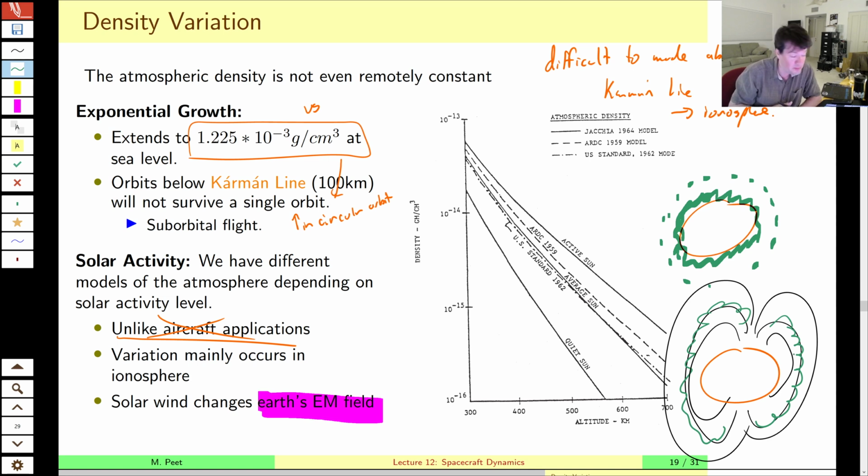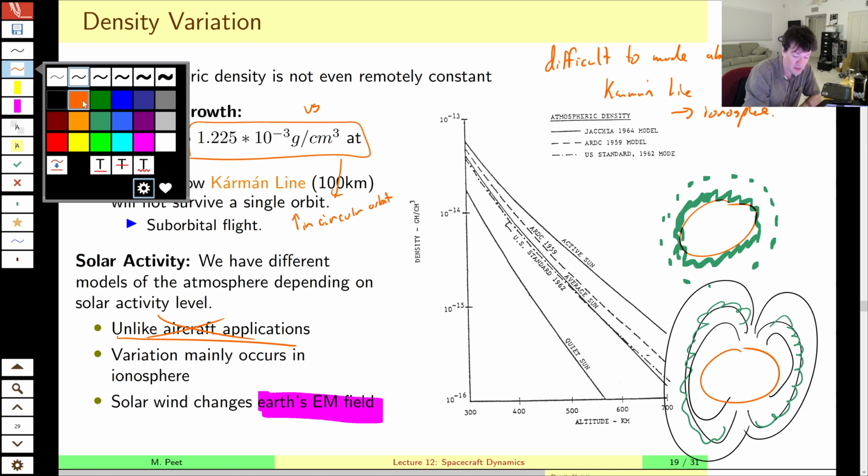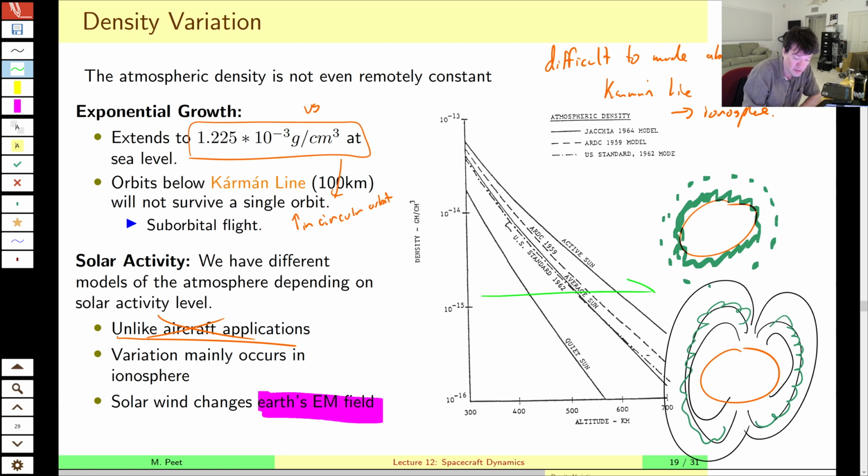The problem is, of course, that the sun, in green, the solar wind, is also producing charged particles. Say, well, there's no such thing as a positive electron, so let's say positively charged alpha particles or something like that.